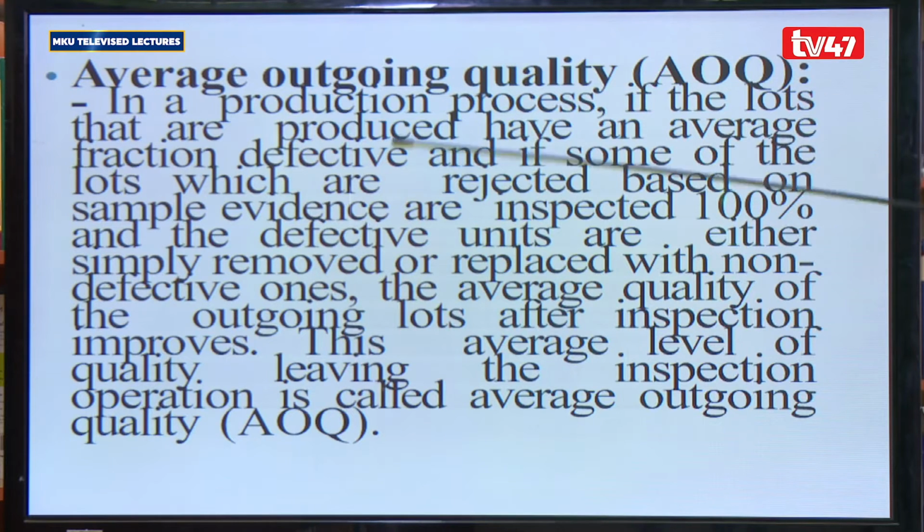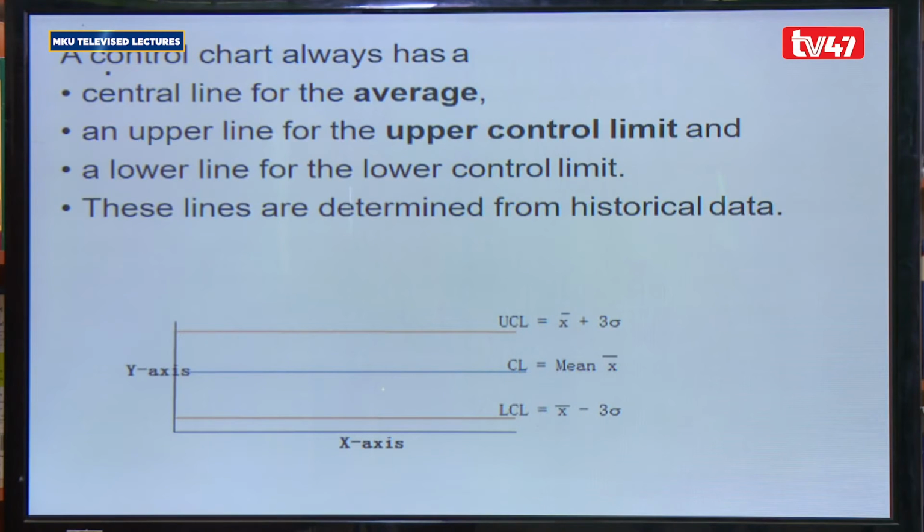So some of these terms, we shall come across them in the course of our learning. But before we can go into detail on all of them, maybe we need to understand what is this control chart. A control chart is one that will have 3 things.